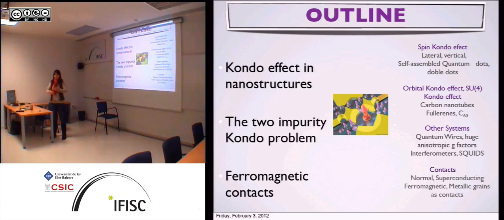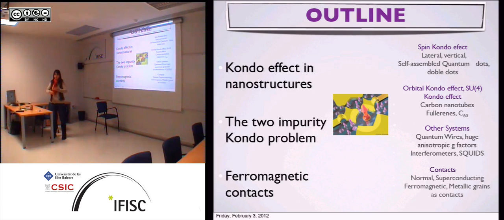Here I plot some results that we obtained previously in 2004, in parallel with work by other people. What happens at the end is that due to the ferromagnetic contact there is an induced magnetic field, which means that the dot level splits. This is because of the ferromagnetic contact.